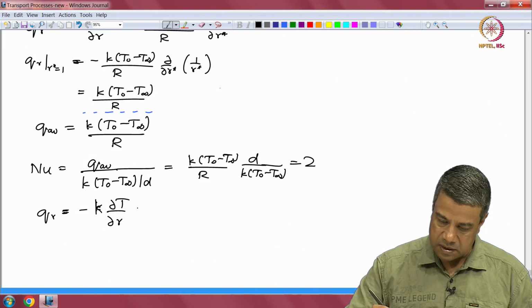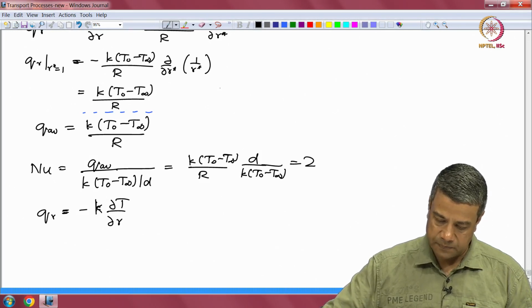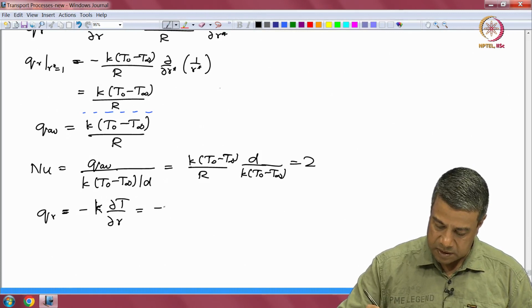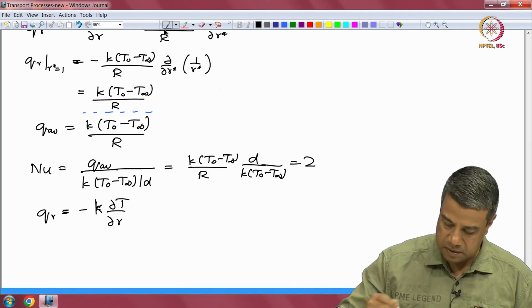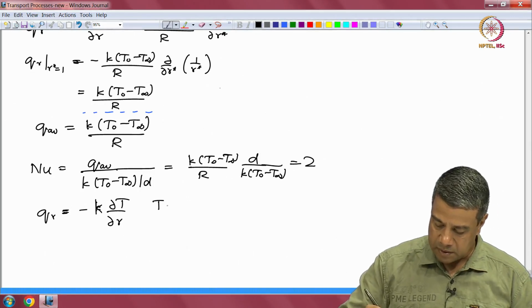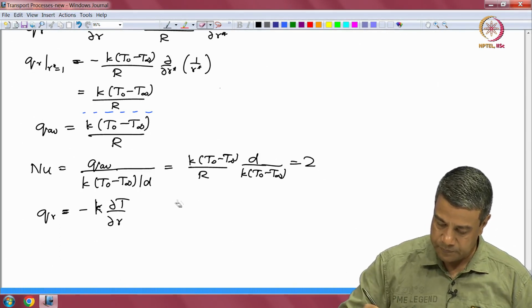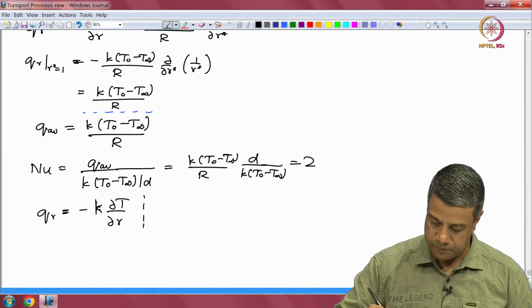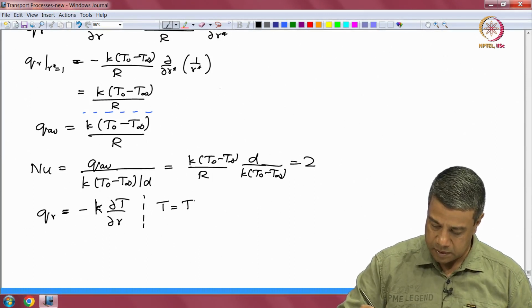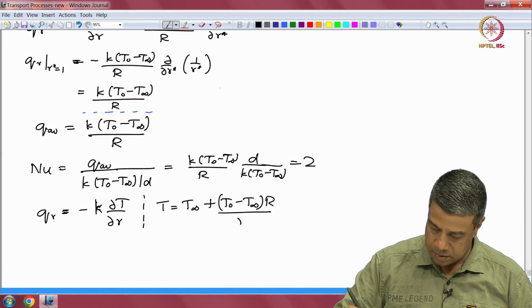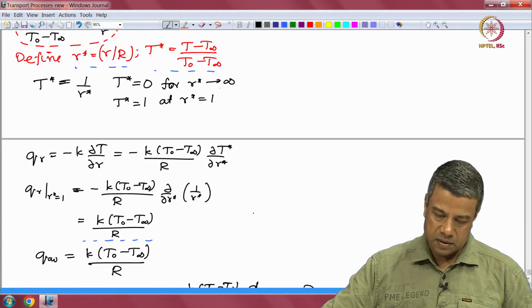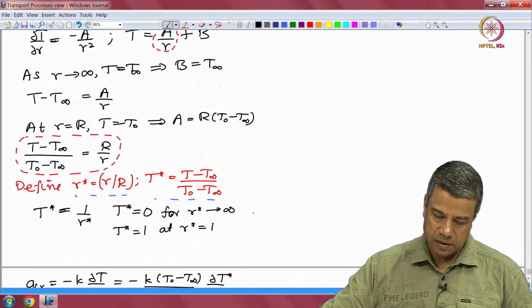So, in this particular case, if you recall, let me write the expression for the temperature. That was the dimensional form for the equation for the temperature.